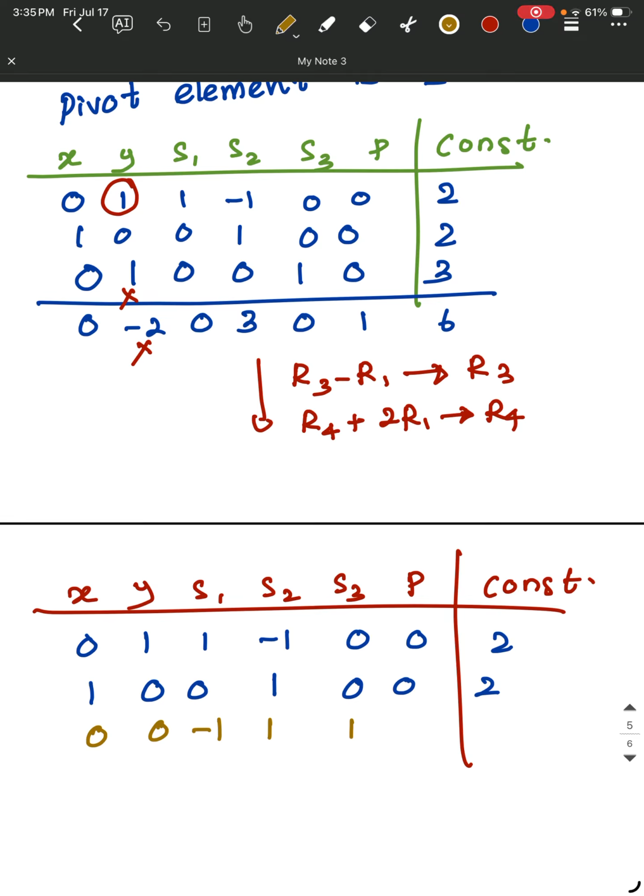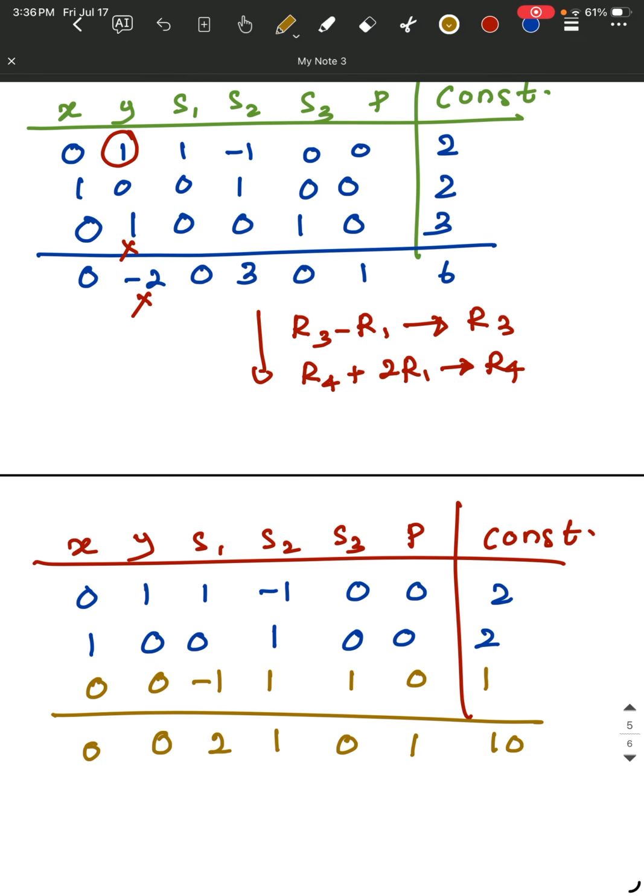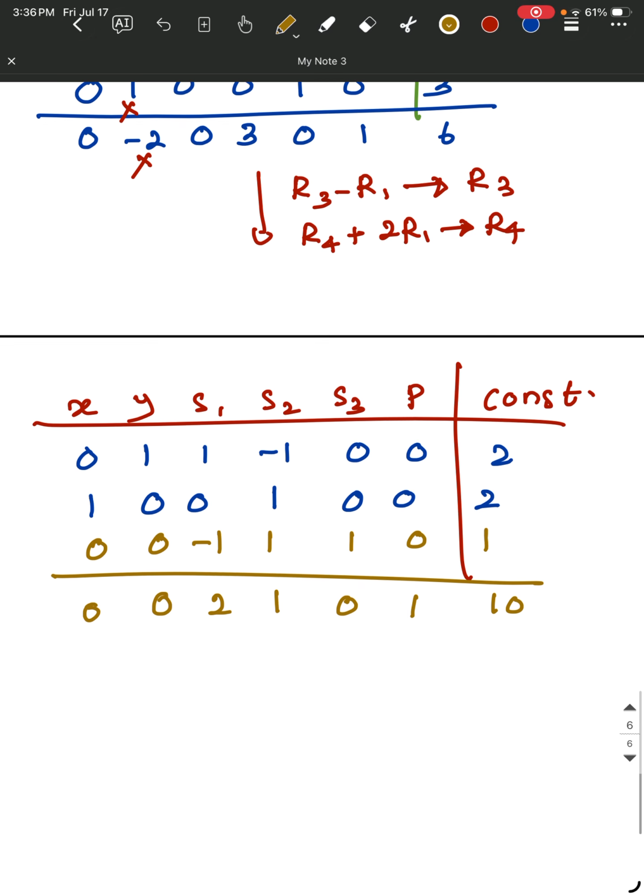Okay, R3, 0, and here we have 0, 0, 2, 1, 0, 1, and 10. Okay. Then look for the bottom line. All entries in the bottom row are non-negative, so the solution is optimal.